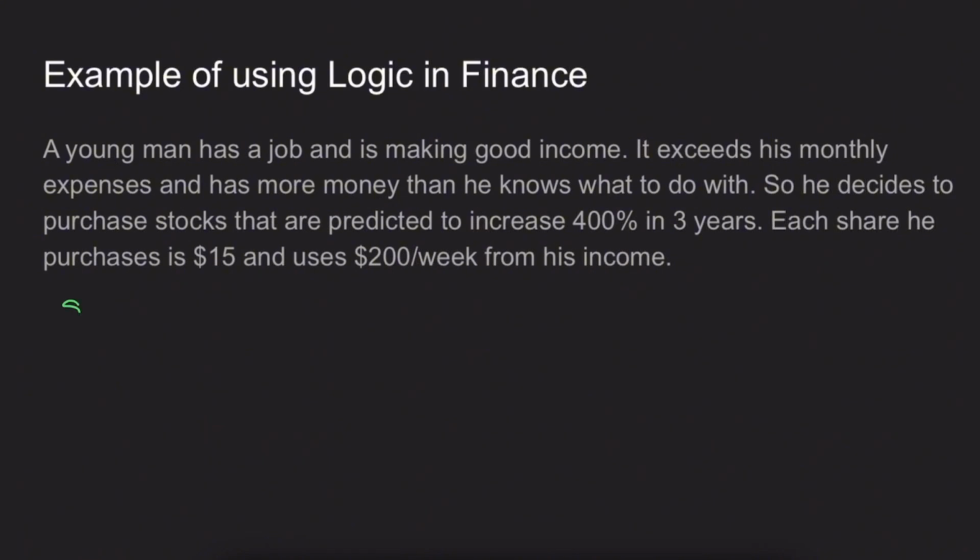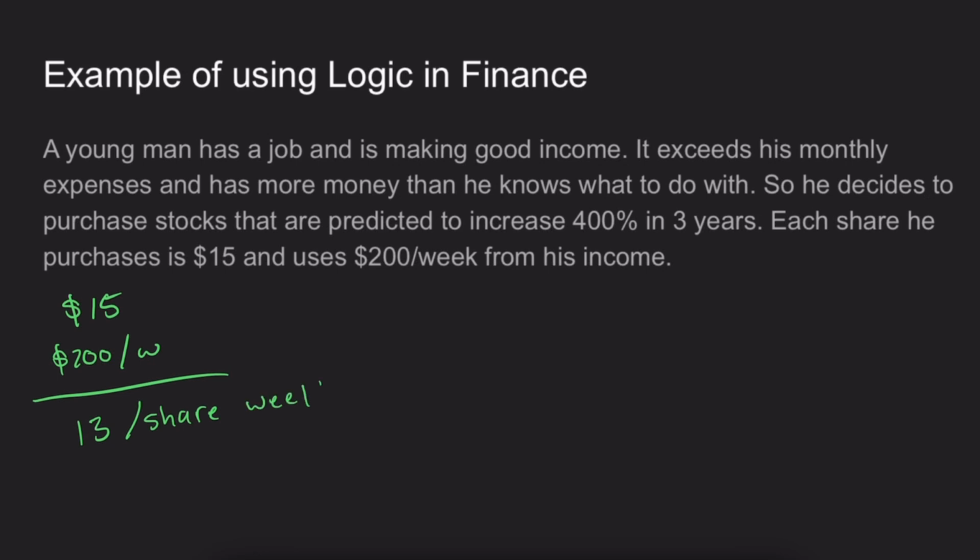Okay, so let's do a little bit of math here. He purchases each share at $15 and uses $200 a week. So 200 divided by 15 is about 13 shares. So he's purchasing 13 shares a week.